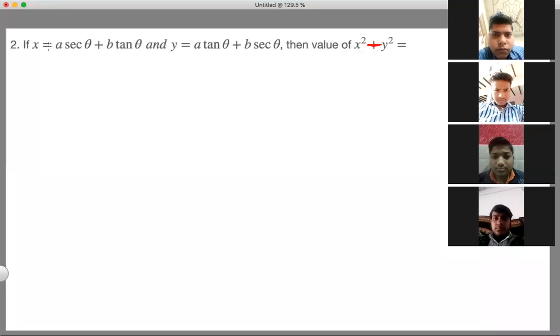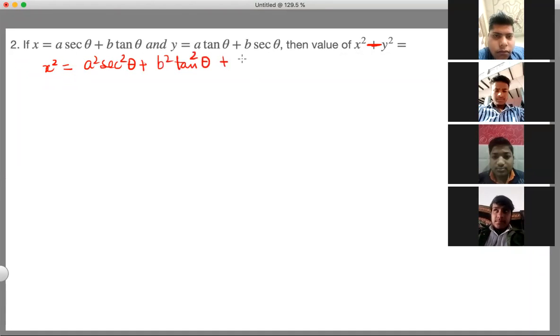So we just square the two things, right? What is the value of x square? A square sec square theta plus b square tan square theta plus 2ab sec theta tan theta.